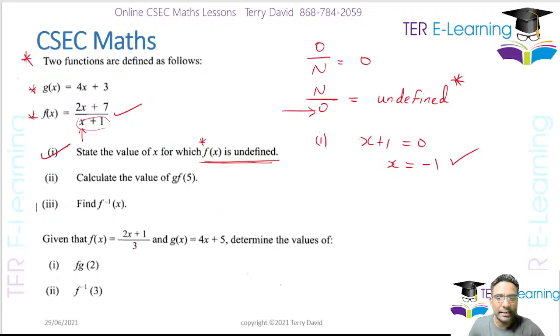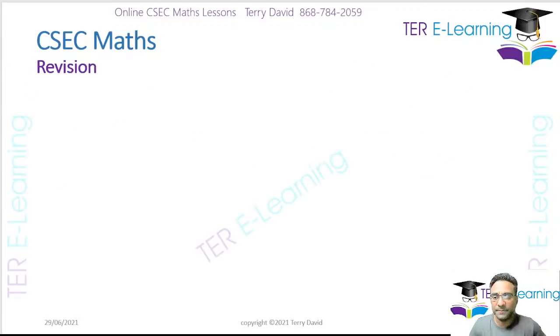Let's look at the next one. In part 2 now, they want us to find g f of 5. This is what we call a composite function. I need more space to work this question.